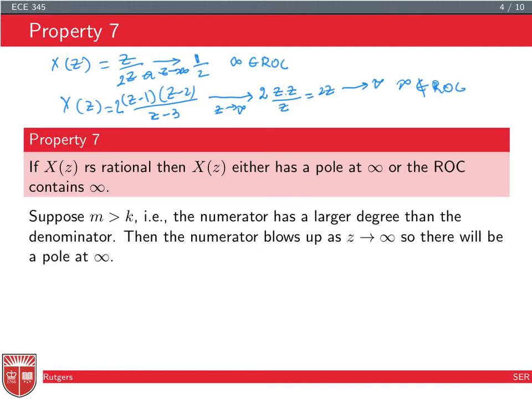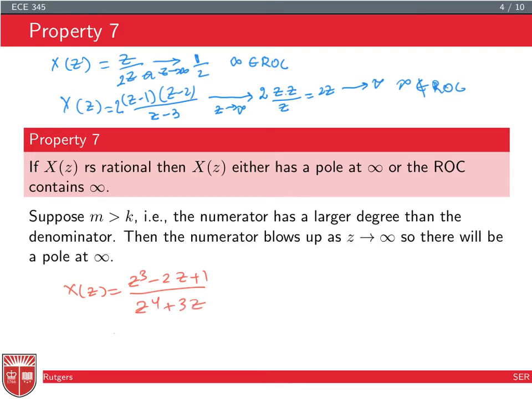If the degree of the numerator is equal to or less than the degree of the denominator, then infinity will be in the ROC. Another case could be like this. Let's take X(z) equal to z cubed minus 2z plus 1 divided by z to the 4 plus 3z.